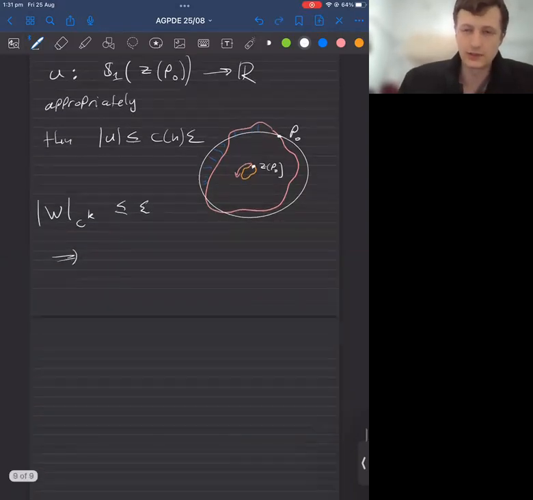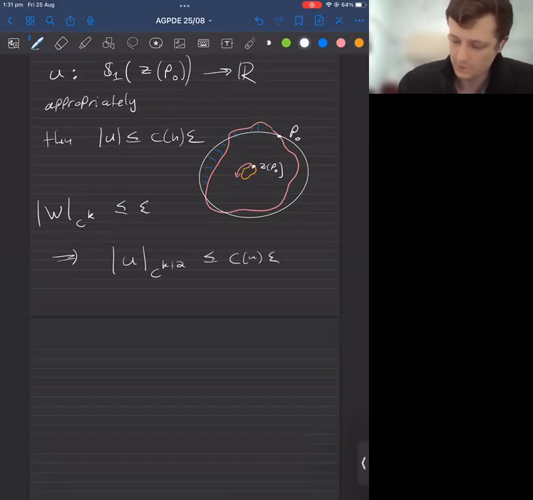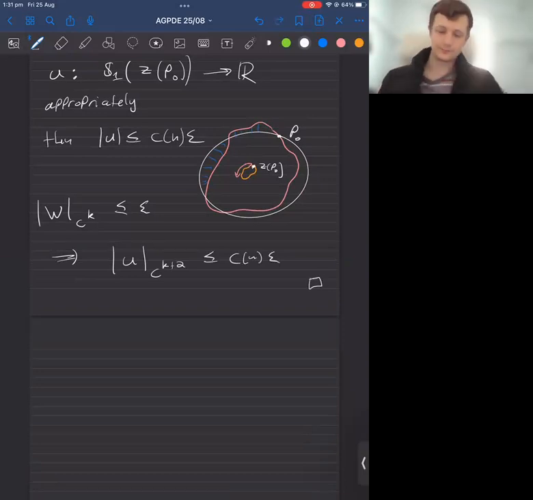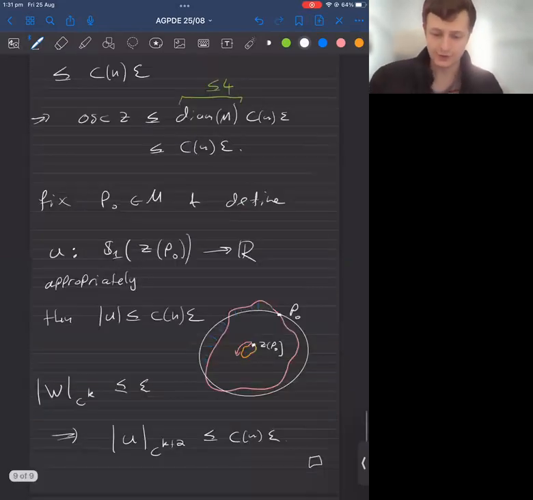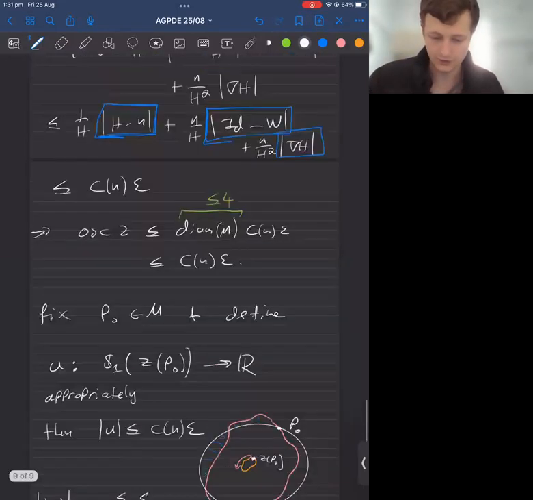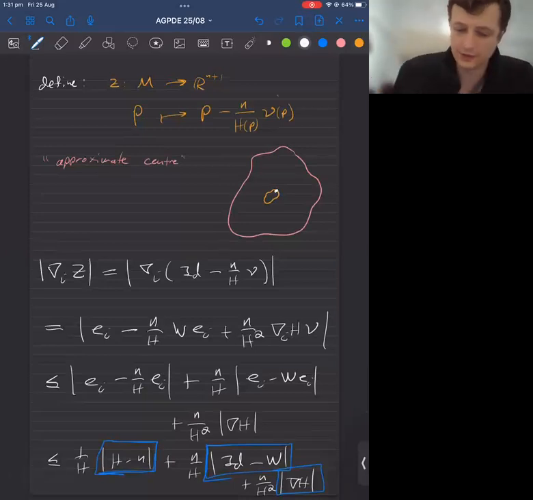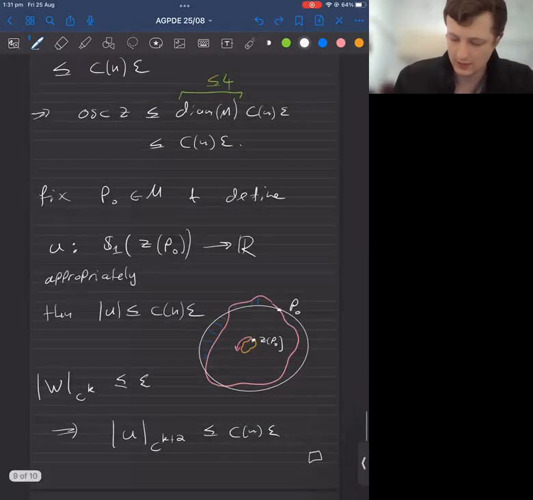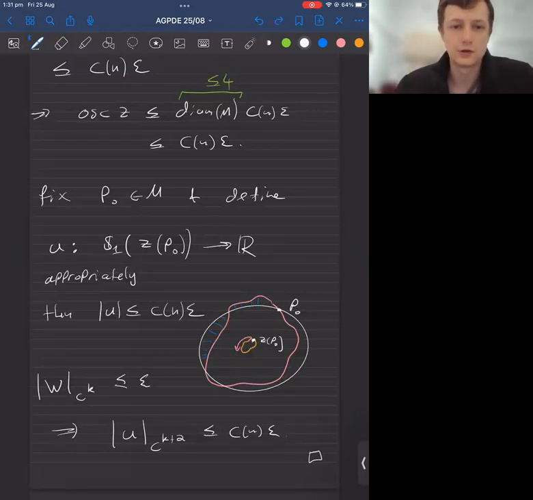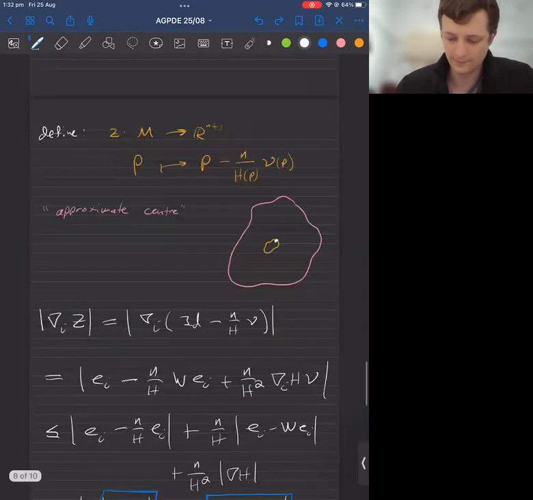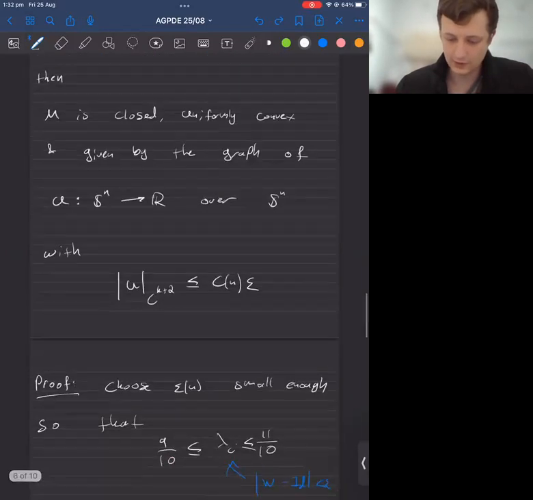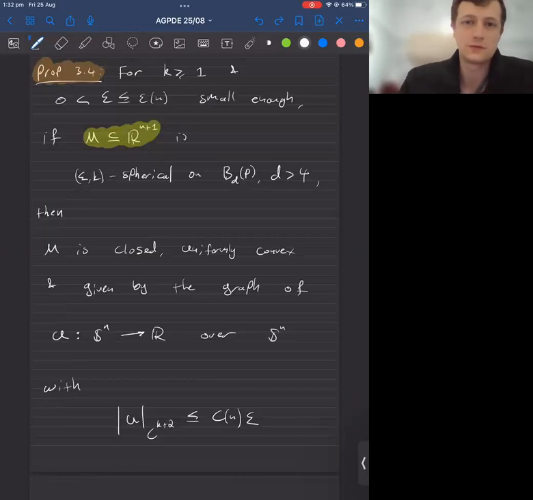And so this is going to quickly give you C^(k+2) control of U as we wanted. So from there, the proof's not too hard, right? We're just using all the properties of our curvature to show that this approximate center doesn't move too much. And then you can put the sphere around that, and you can show your graphical representation doesn't move too much either. Any questions on that theorem or the proof?